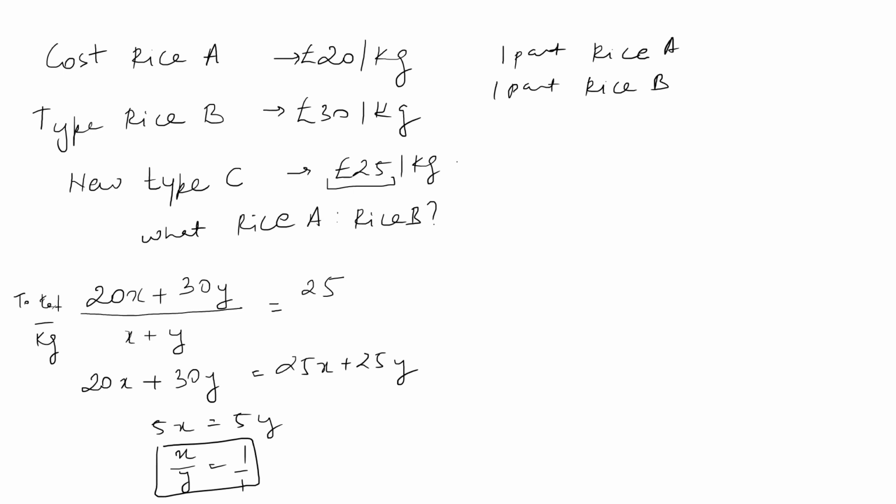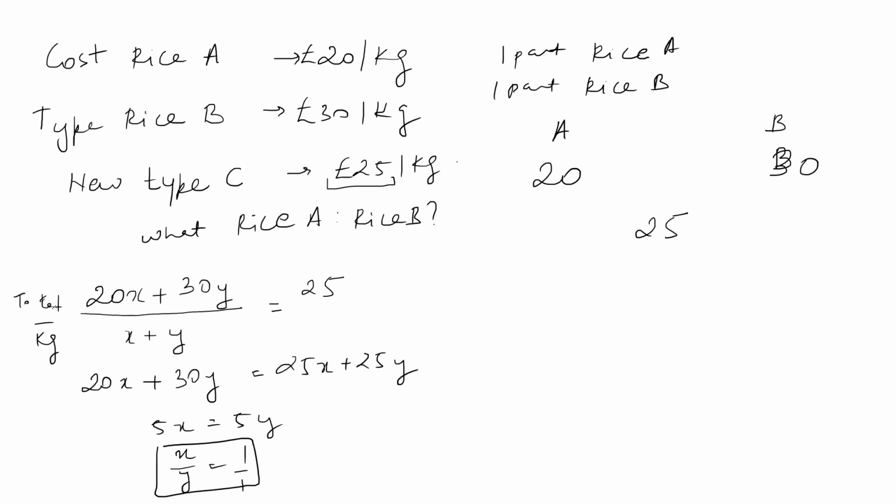Now we'll solve this by using the alligation method. How do you do that? Mixture and alligation. So here let's say that I have rice A and then rice B, which is at 30 per pound, and the desired one you will place in between, 25.